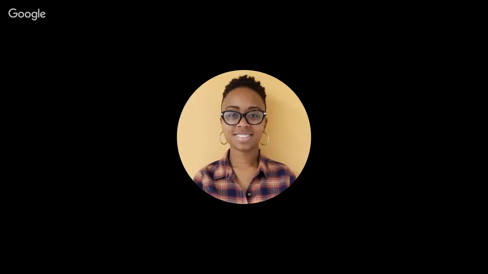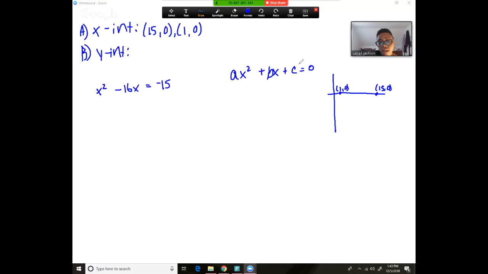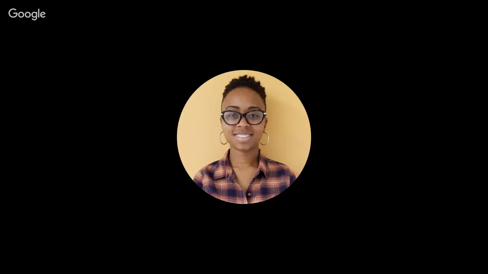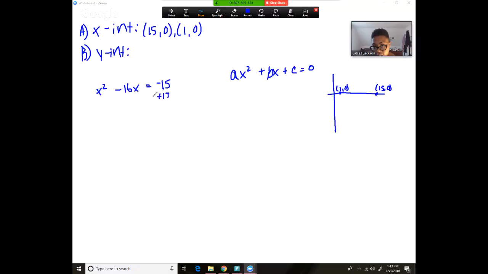In our situation, our plus c is on the right side of the equation, so we have to move it over to the left side, 15 on both sides. So we got x squared, x. Cool. It looks like the standard form.